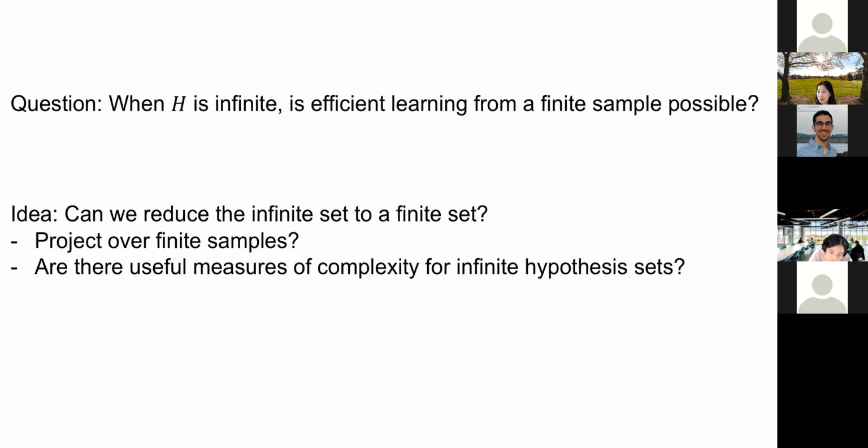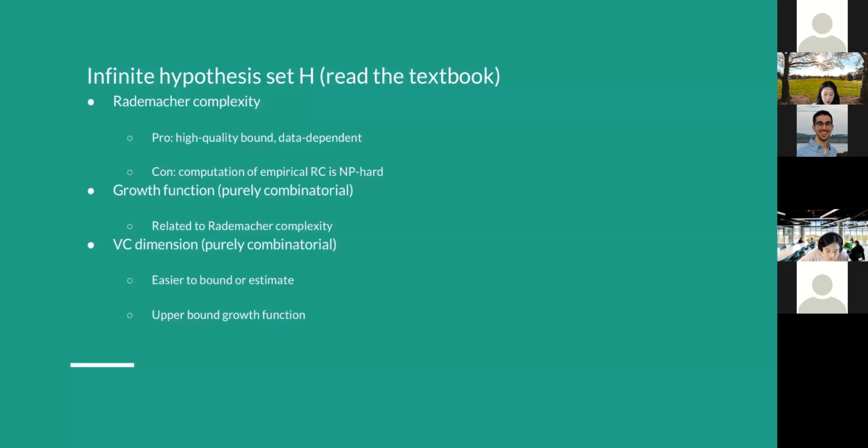Right? So these are some motivation for why we need to learn these so-called complexity measures for infinite hypothesis sets. I'm going to cover Rademacher complexity, also the growth function and the VC dimension.